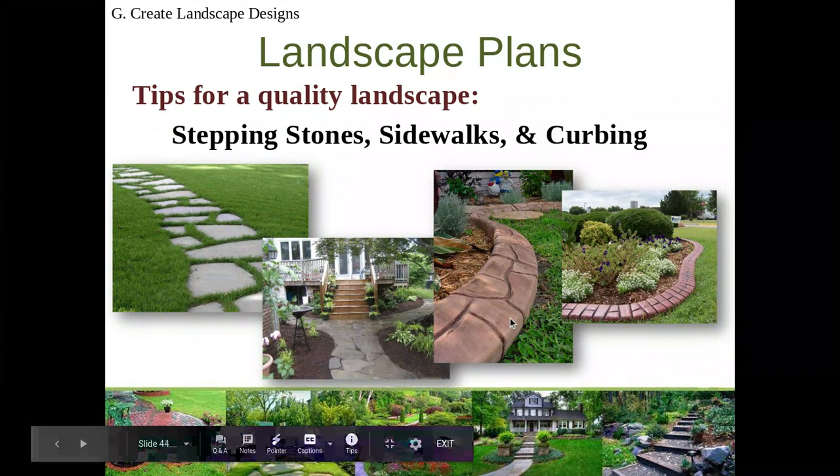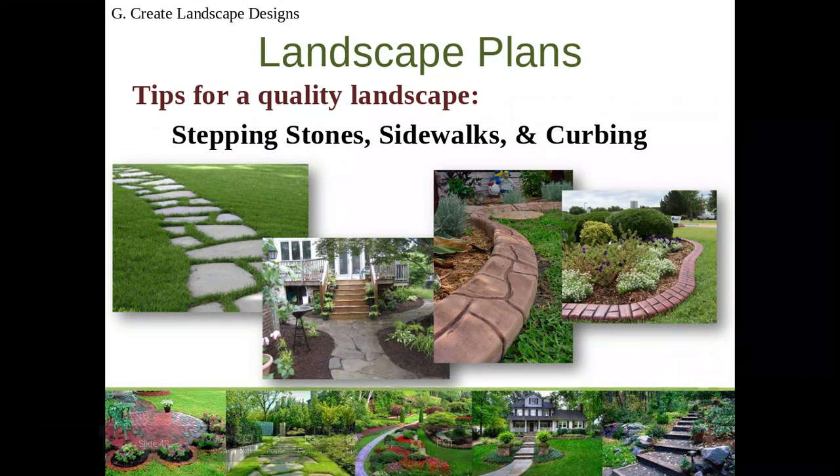So in the assignment this week, when you click on it, all you're going to do is recreate your house, your yard, show me what it looks like right now, and try and do it to scale. Try and render it, take a picture and upload it on Canvas. That will get you the points for this week. Next week, I'm going to have you redesign your yard to however you wished it was, right?